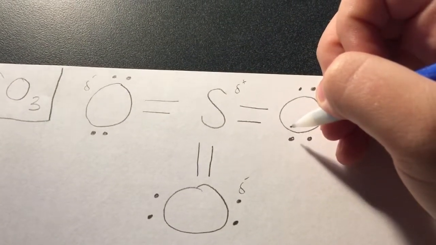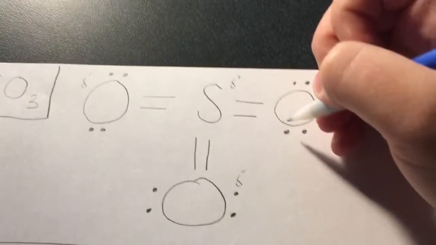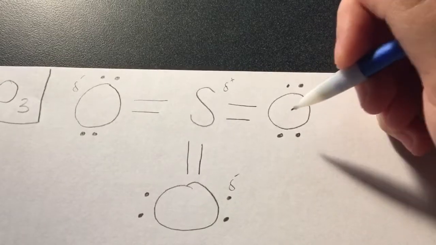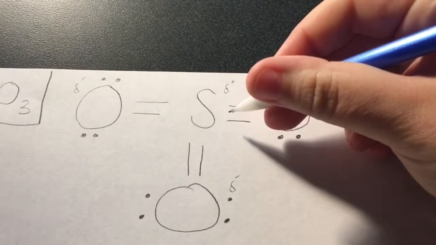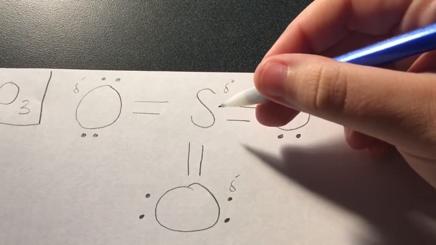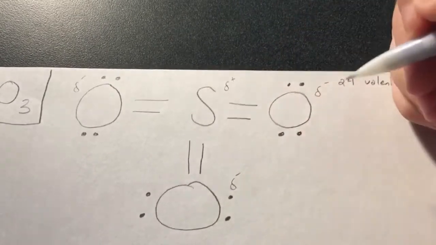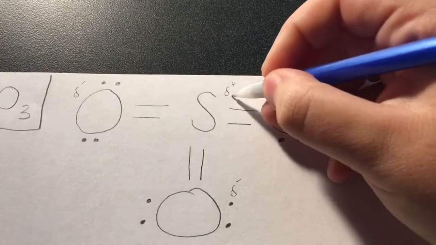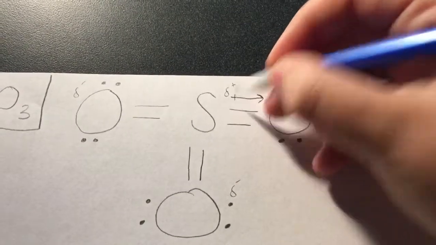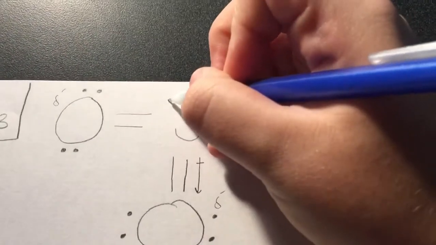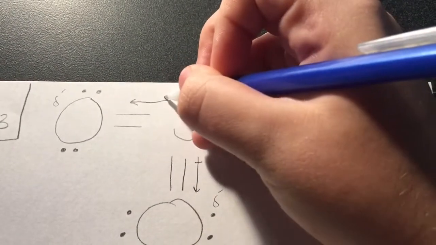Our next step is to draw the bond dipoles. Since the oxygens are more electronegative than the sulfur in the middle, the bond dipoles are going to go towards the oxygen. So we're going to draw 3 bond dipoles going out towards the oxygens from the sulfur.